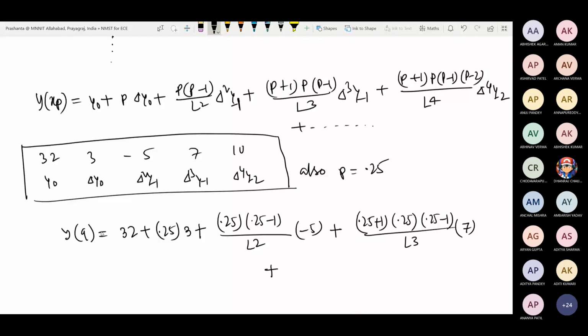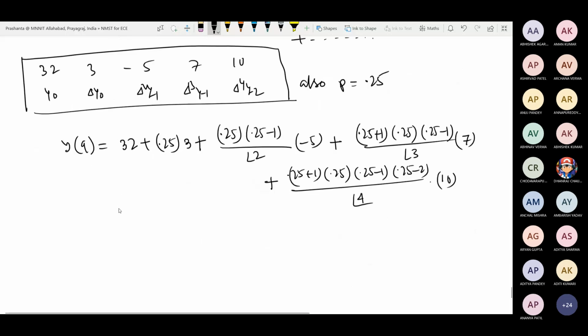First you write down the simplified values of each term, and then you will see each value will be decreasing. Each higher order difference will be decreasing. Let me first write down. This will be 0.25 plus 1, 0.25, 0.25 minus 1, 0.25 minus 2 by factorial 4 into 10. Okay. So now you tell me each value.